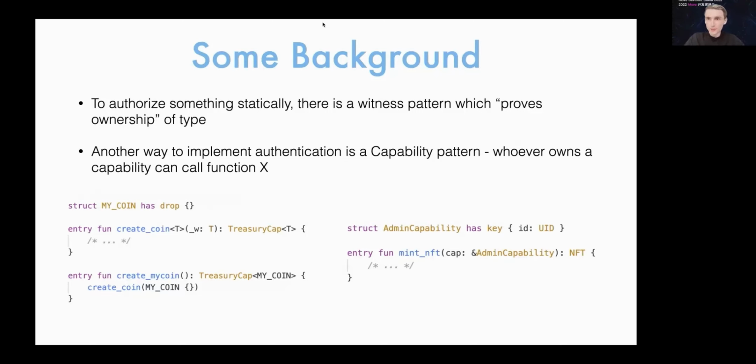I'm pretty sure there is the same and similar approach in Aptos and Starcoin and 0L. So basically, we have an empty struct which has a type, which has a droppability, and when we create a coin, we pass it there just so we prove that we are the creators, that we are the owners of the module, and through creation of type, we confirm that we own it.